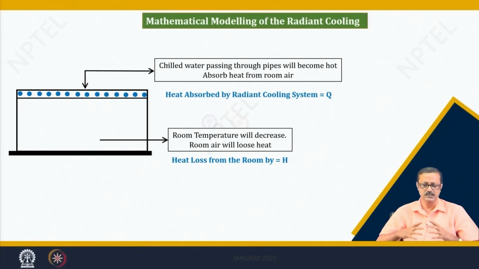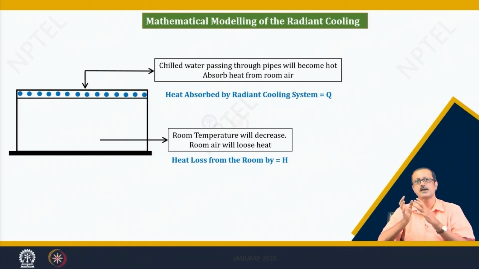Now, let me explain how this system behavior can be mathematically modeled. There are two things happening simultaneously. One is that heat is absorbed by the radiant cooling system, which is the chilled water passing through the embedded mechanism of the slab, or below it, anyone can be implemented.